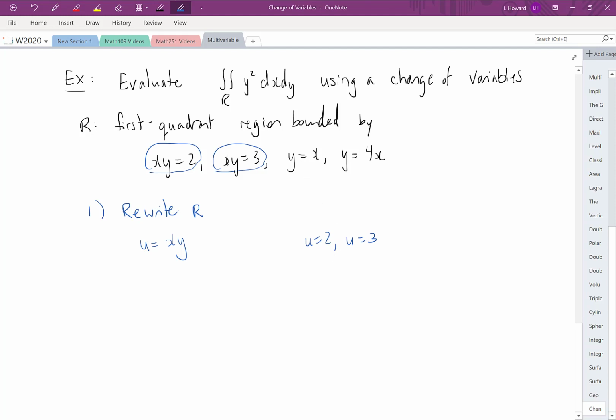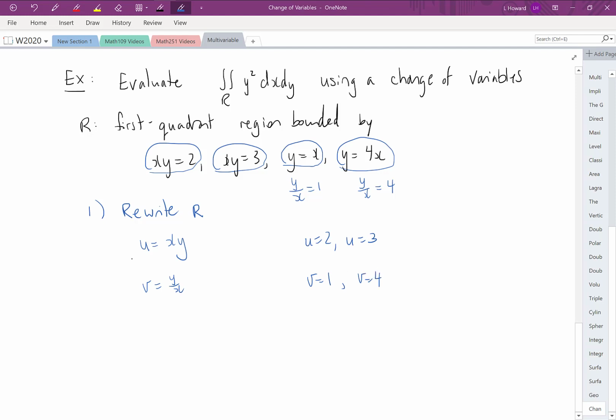And then for these lines here, y equals x and y equals 4x, we could rephrase this one as y over x equals 1, and we could rephrase this one as y over x equals 4. So we could introduce a new variable, let's say v, called y over x. Now our curves become v equals 1 and v equals 4.